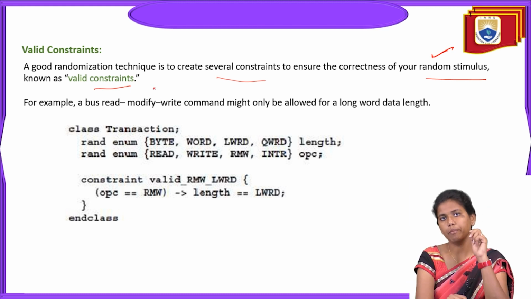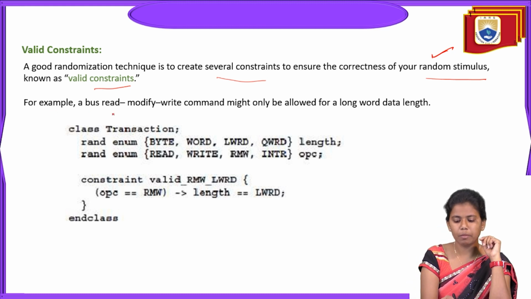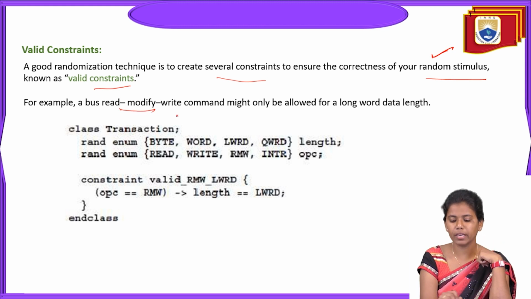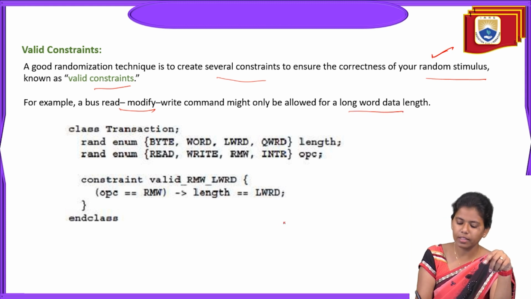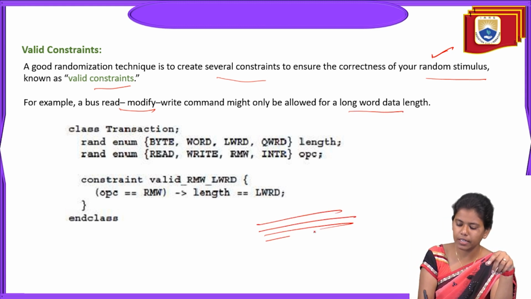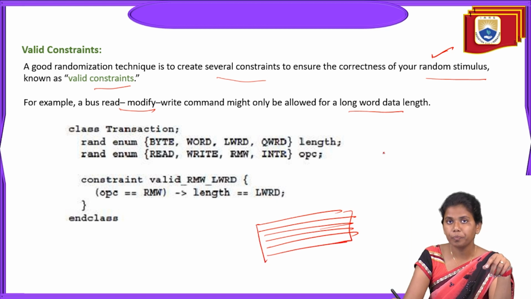So in the example, a bus read-modify-write command might only be allowed for a long word data length. In the previous example, we considered a bus. As I said, this bus can read and it can write. The bus can read the long word and write the long word as well.